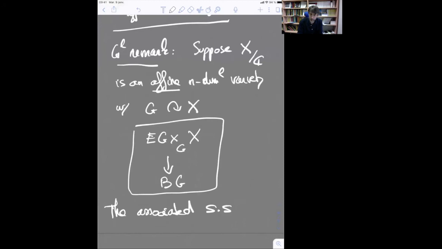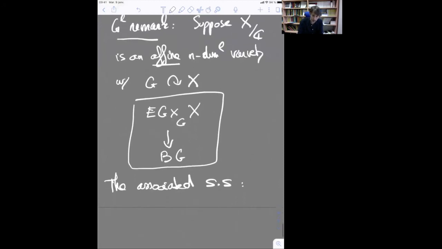So the associated spectral sequence is cohomology of the base, so cohomology of G, with values in the cohomology of the fiber Q of X, and this converges to the cohomology of the total space in degree p plus q.